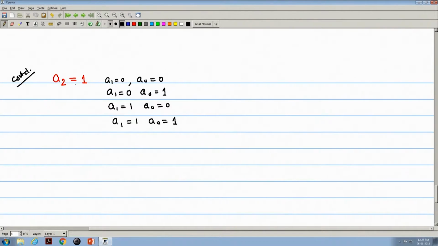So, since a2 equal to 1, I always get this x square term.